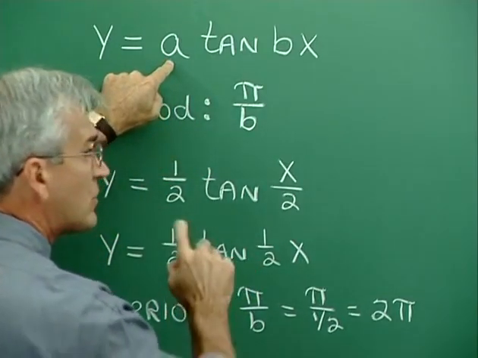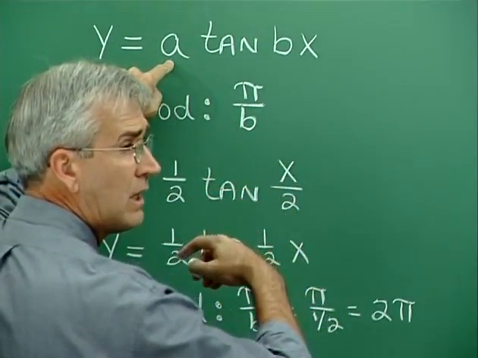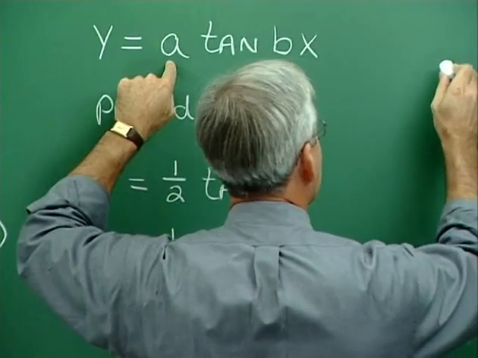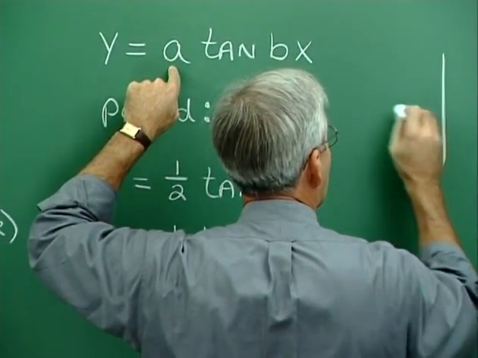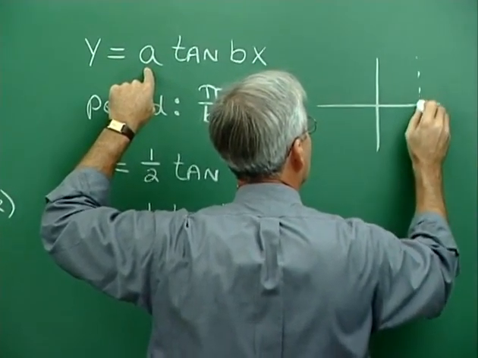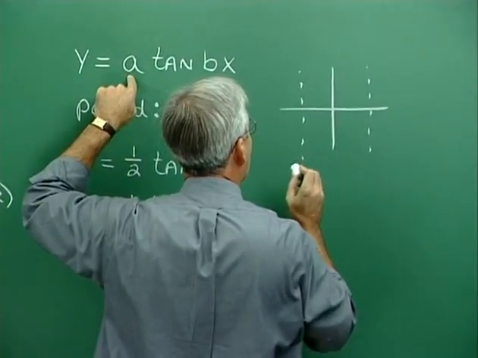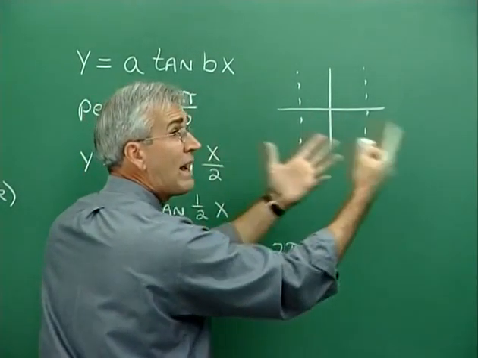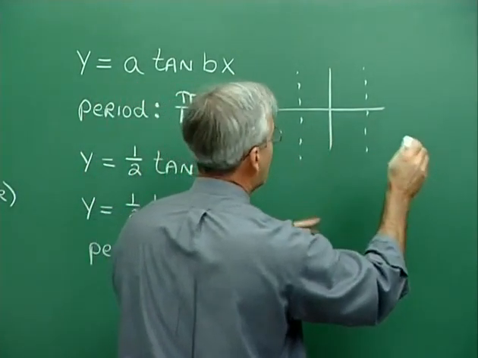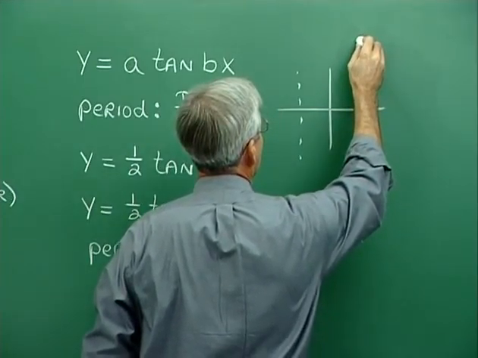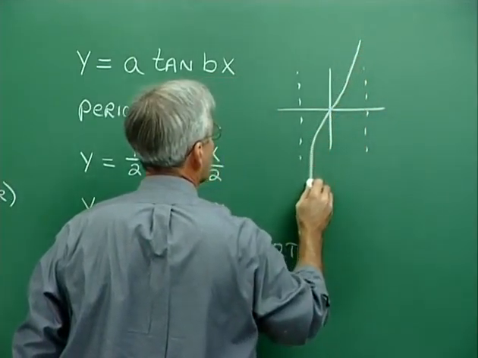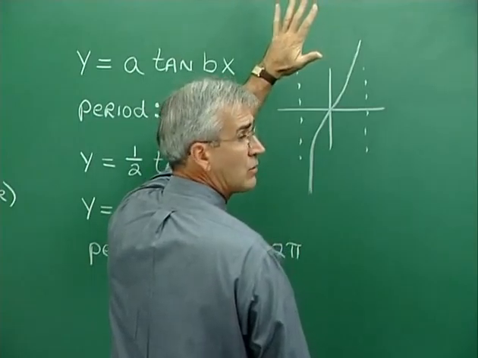If a is greater than 1 or less than negative 1, then we have a situation like this. If a is a lot greater than 1, then the graph would almost be like this. It just stretches things out this way.